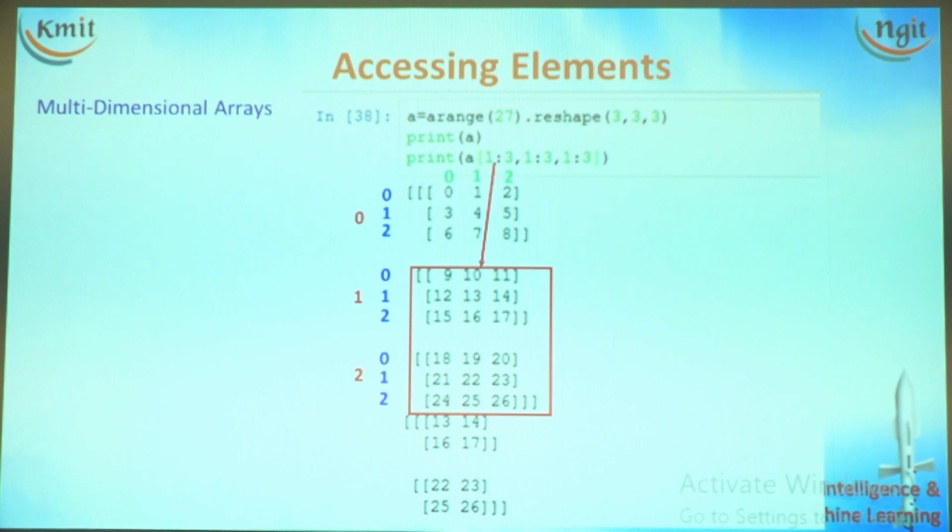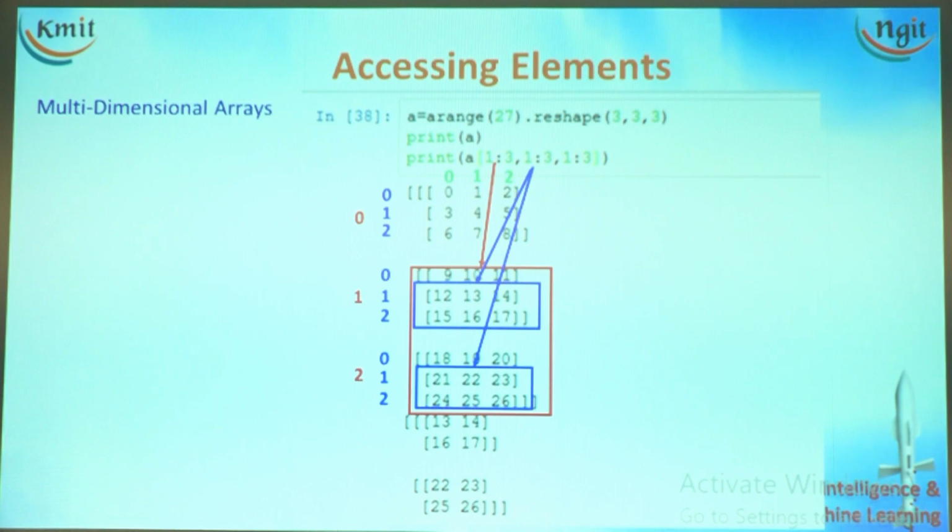It is going to give me the dimension of my NumPy array with the values of 1 and 2. Okay, so the red block. And then 1:3 again is going to give me the row numbers 1 and 2, and finally I'll get the column numbers. So what did I get over there? 13, 14, 16, 17, 22, 23, 25, 26.